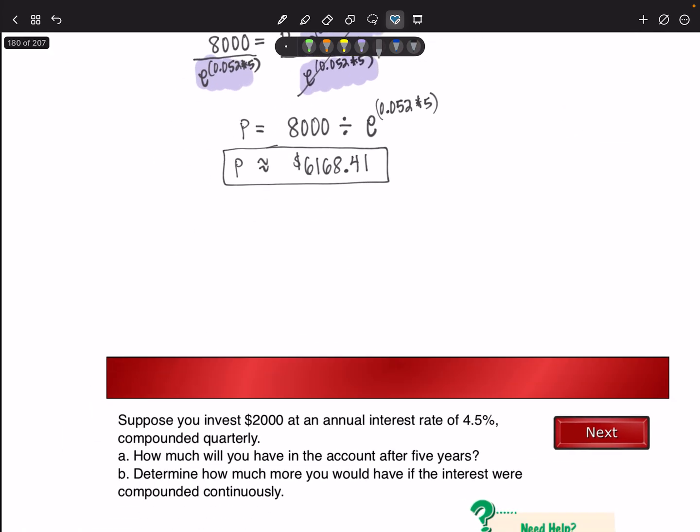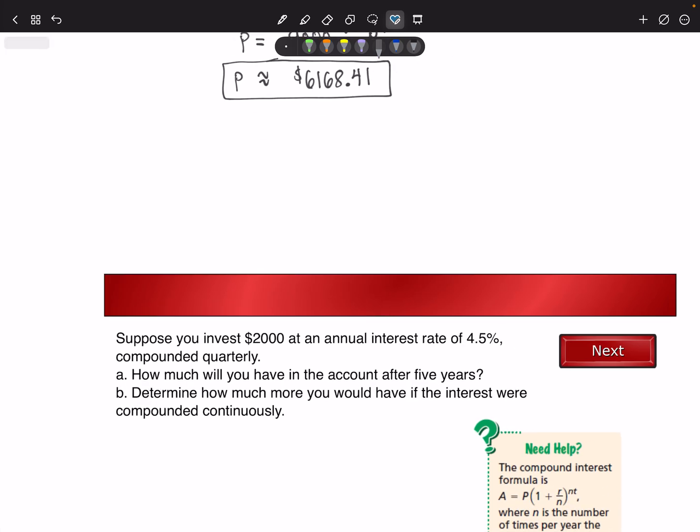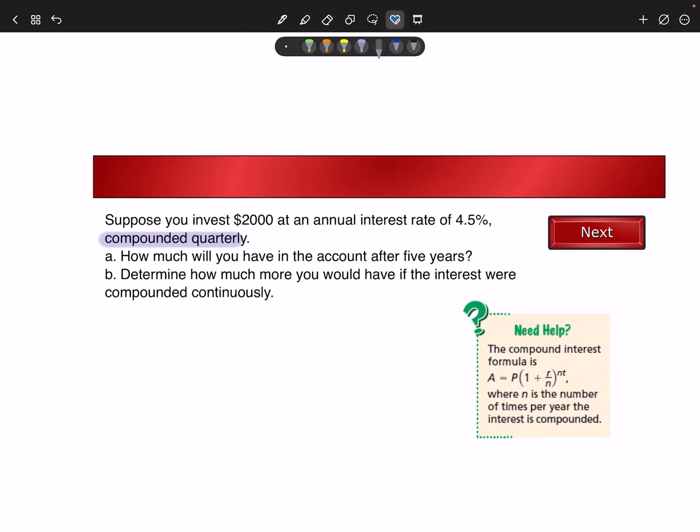Now in this last problem, I'm just going to remind you of the compounded quarterly formula. The compounded quarterly formula is given right here on the right: A equals P times the quantity 1 plus r over n, raised to the nt power.